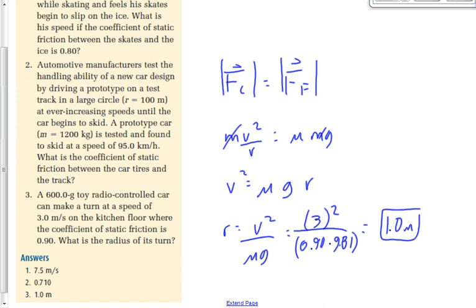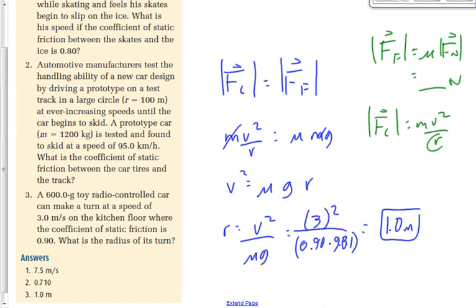Maybe somebody says Ff is equal to mu times the normal force, and the normal force is m times g. So they get a value of the force of friction, whatever it is. But then they say, oh, wait, that force of friction has got to be equal to the centripetal force. Fc is equal to mv squared over r, and then they rearrange that equation to solve for r, and plug that number in.